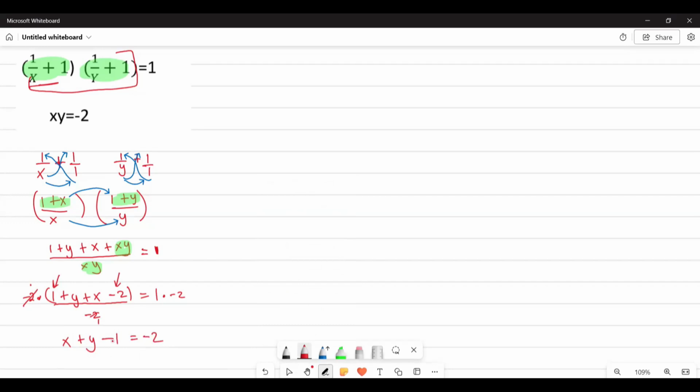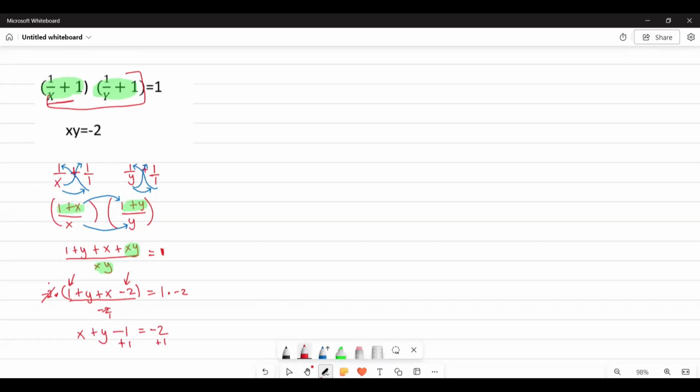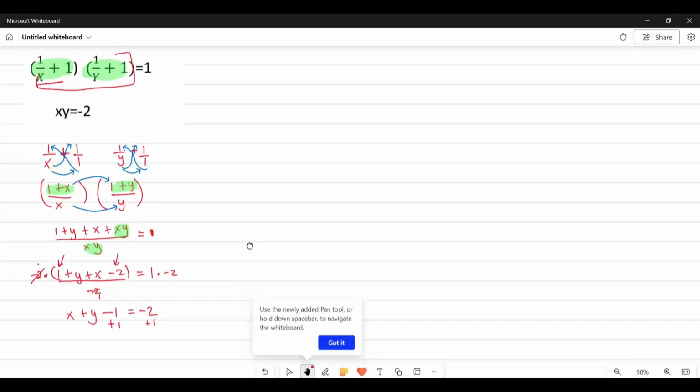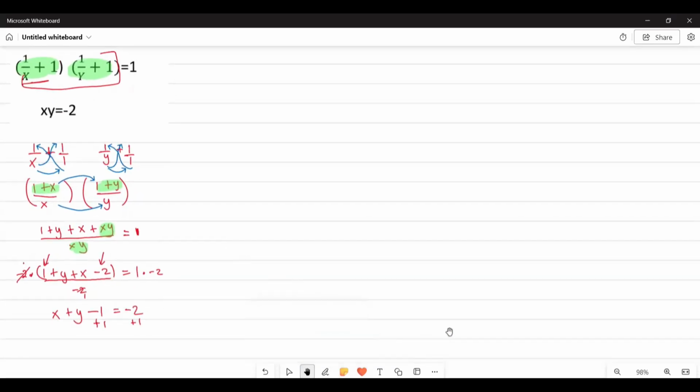At the same time, if I add 1 to both sides, what I'm really left with is x plus y is now equal to -1. So that's what I have now.